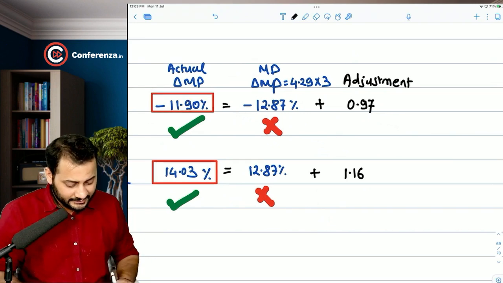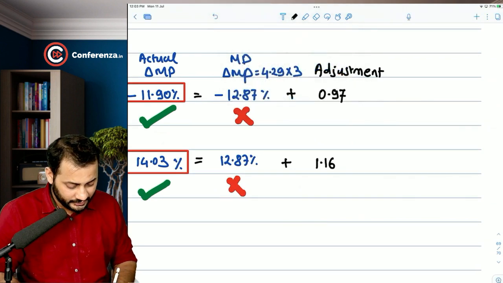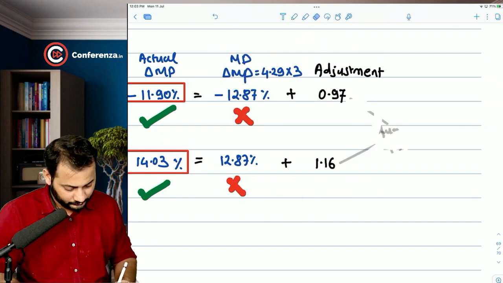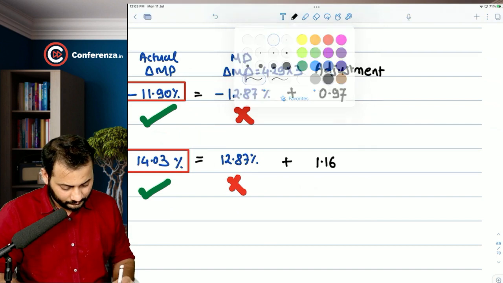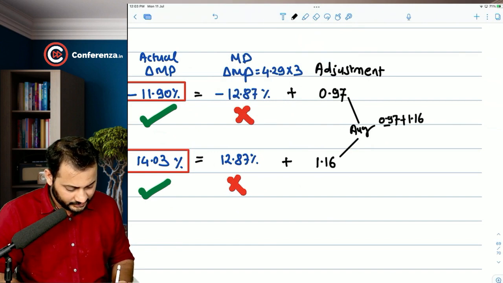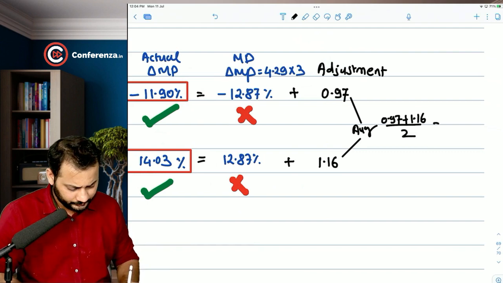So the adjustment that we will go with is the average of both. We will take the average of both: 0.97 plus 1.16 divided by simple 2.